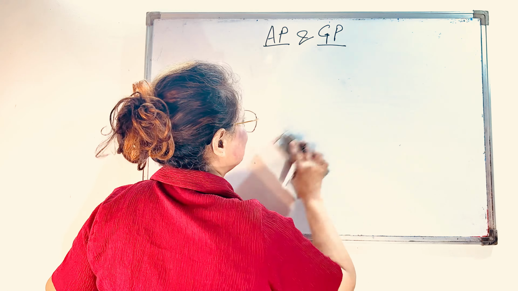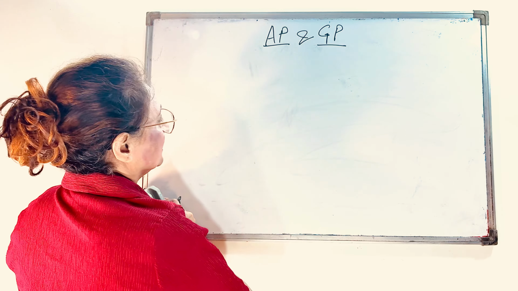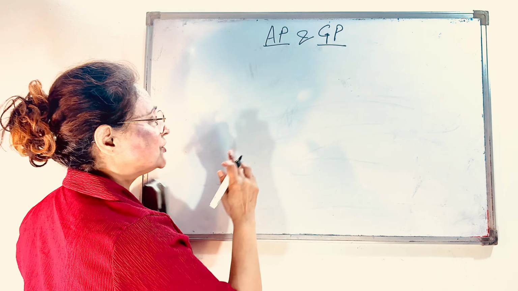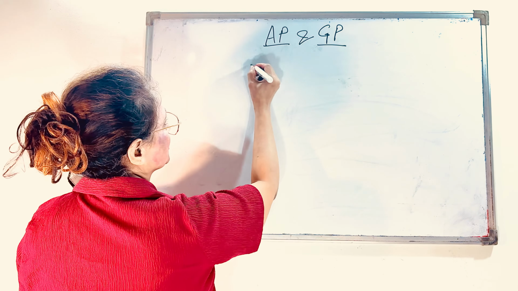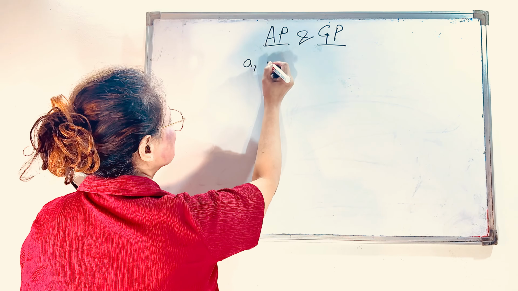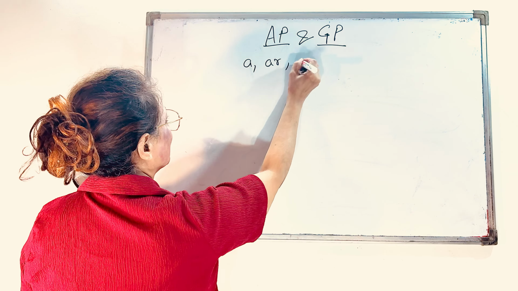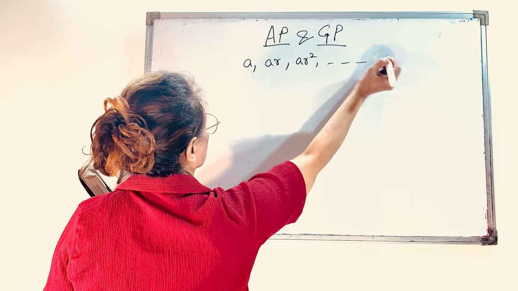Now let's come to GP. In AP, the difference was constant. In GP, the ratio is constant, right? So that means the numbers are multiplied by the same number: A, AR, AR square, and so on.